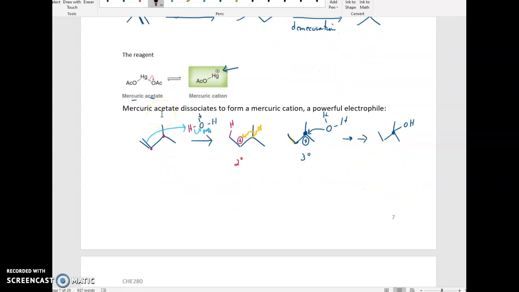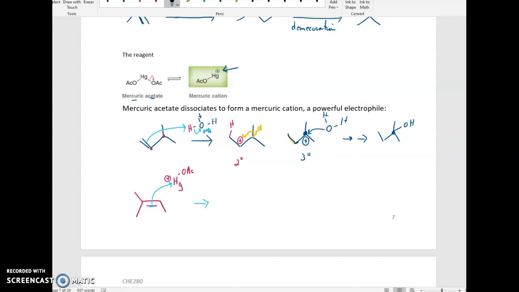Let's see how we do that. Here's our substrate, and here's our mercuric cation. It's positively charged, and the pi electrons in this bond are going to be very attracted to it.